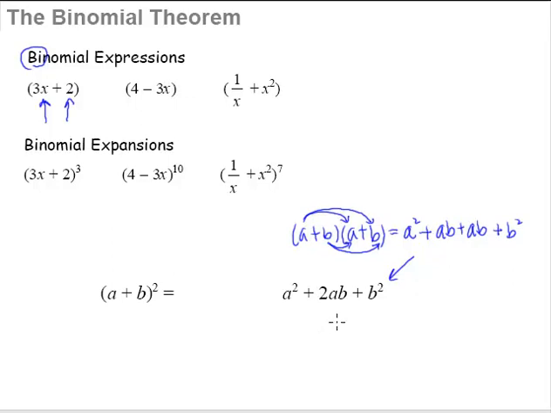The only trouble is, how are we going to very quickly expand binomial expansions raised to the power of 10, or the power of 7, or maybe 19 or 100? How are you going to do that?